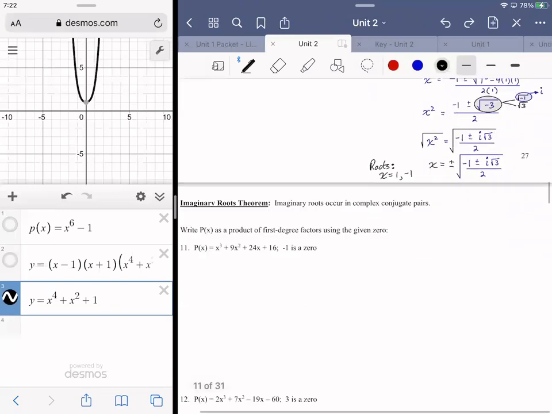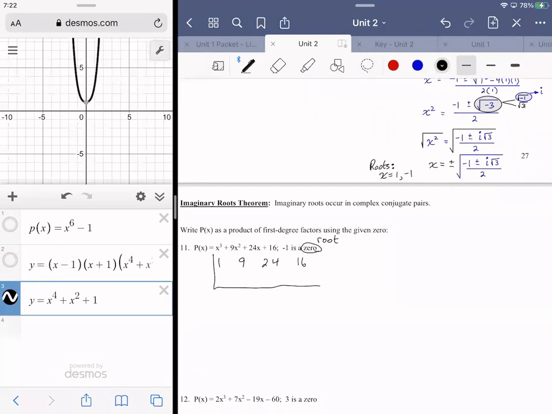All right. So we have coefficients of 1, 9, 24, and 16. We don't have to use the rational roots theorem because they gave us a 0 of the function. A 0 of the function is also known as a root. So we don't have to go looking for it. They gave us one.